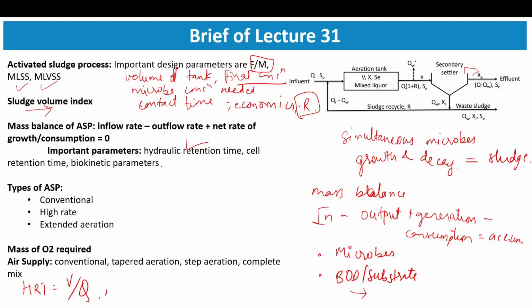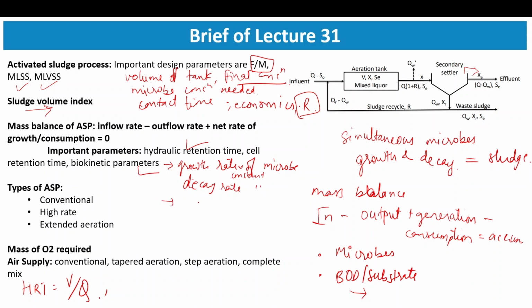And the biokinetic parameters. So biokinetic parameters are nothing but the parameters that are obtained from lab scale experiments that include the growth rate constant of microbe, then decay rate constant.